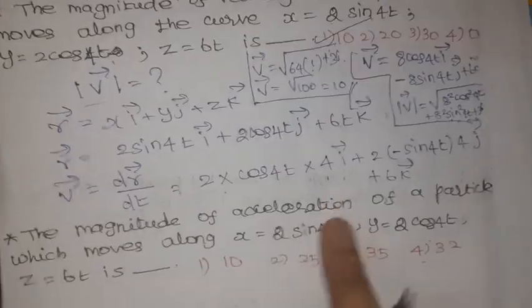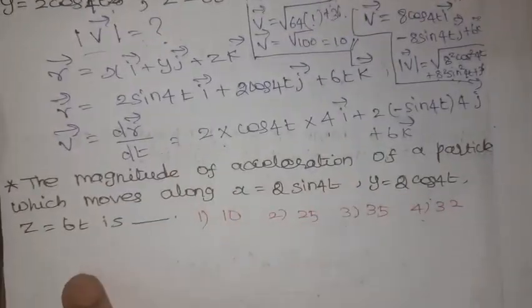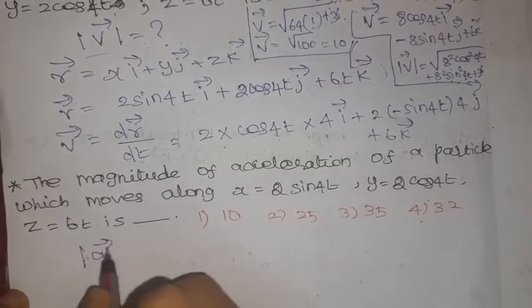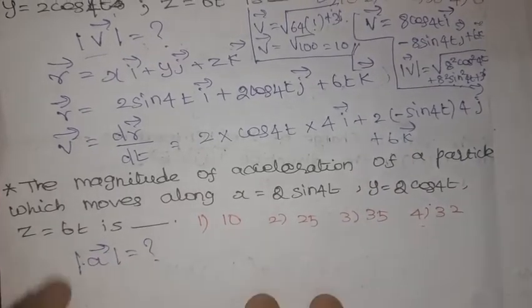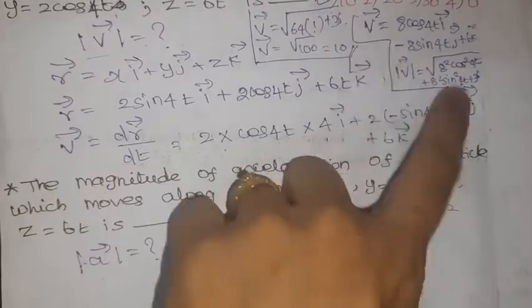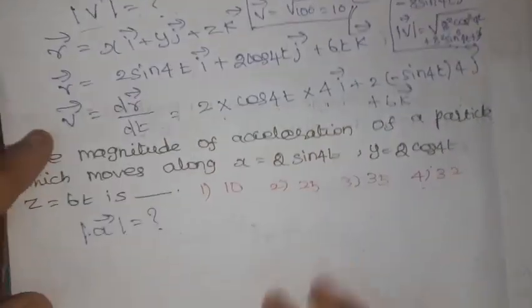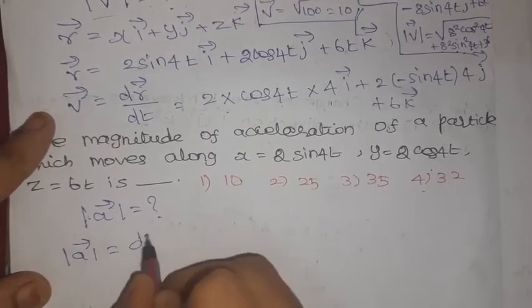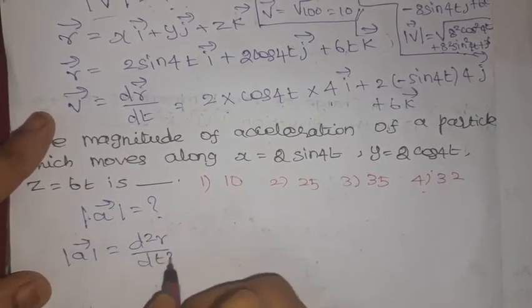Then the same data: 2 sin 4t, 2 cos 4t, 6t, magnitude of acceleration. So we need to find the acceleration. We no need to find up to here again, since it is the same data. So it is d squared r by dt squared.